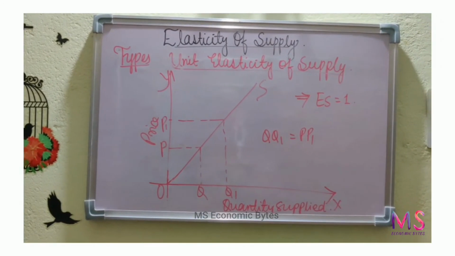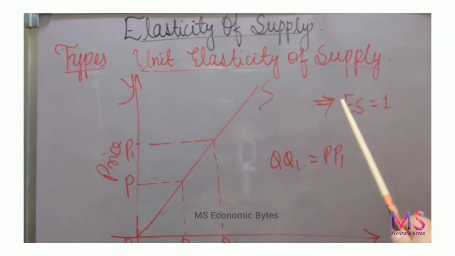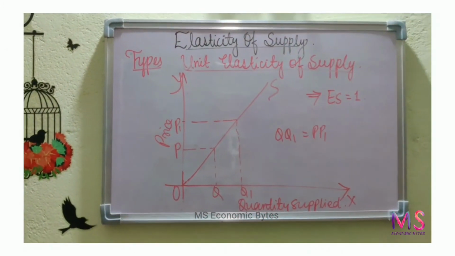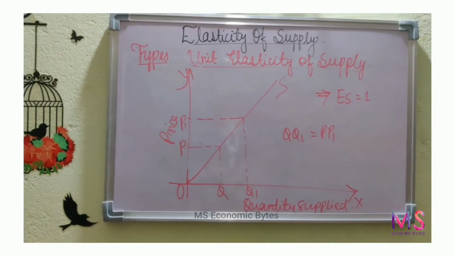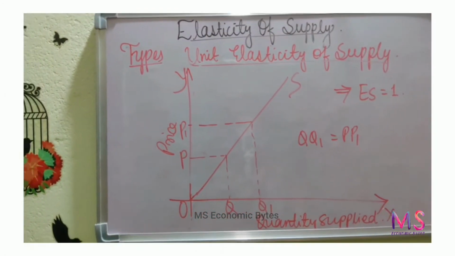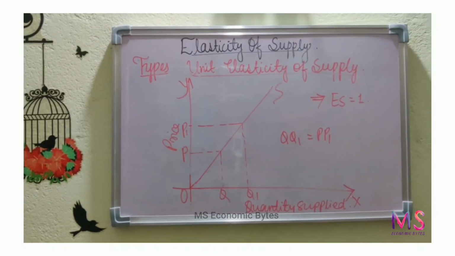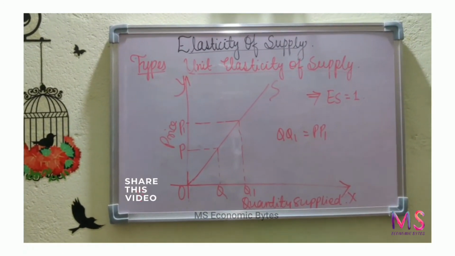Coming to the third type of elasticity of supply, that is unit elasticity of supply. In case of unitary elasticity of supply, the supply curve passes through the origin, which implies that the magnitude of change in price and quantity supplied is the same.